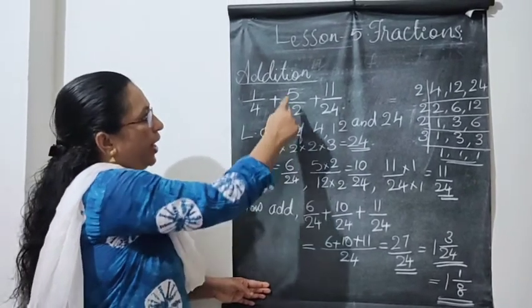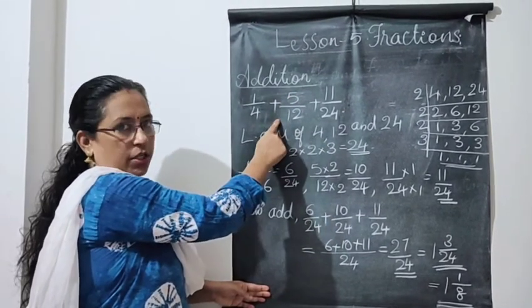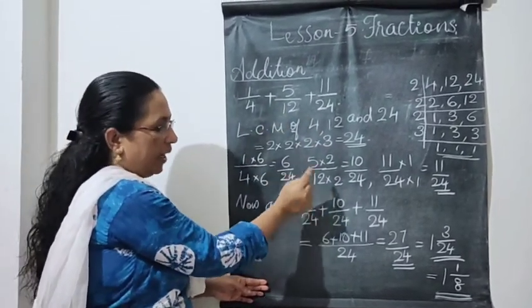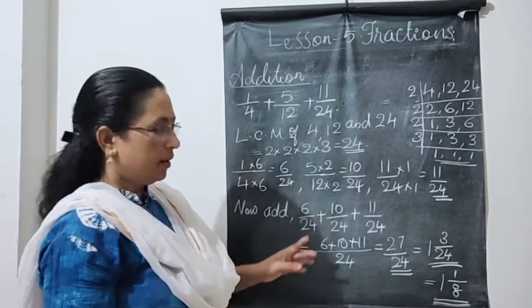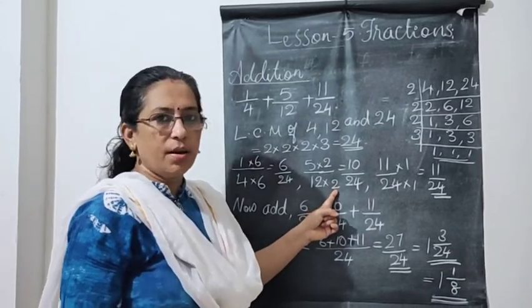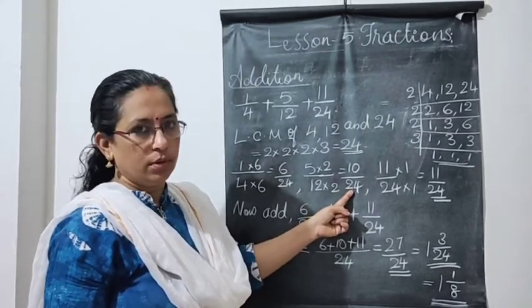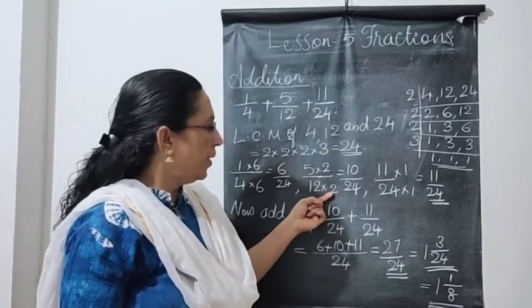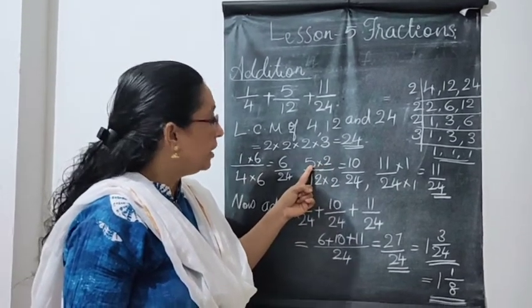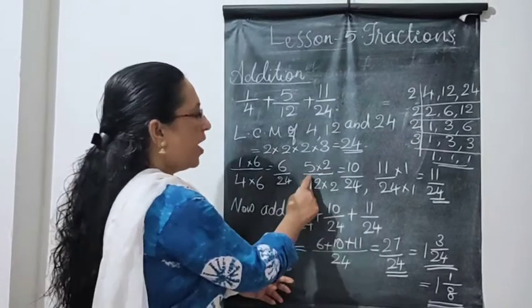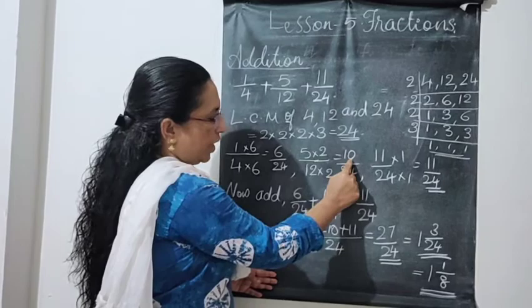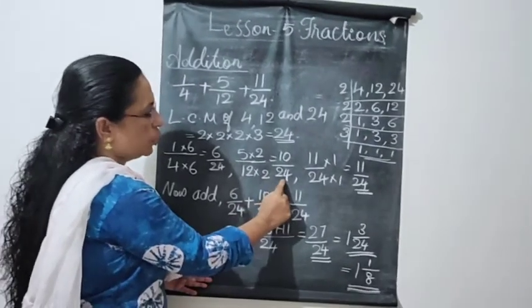The same way for the next fraction. Carry down the next fraction, that is 5 by 12. Again check the denominator. 12 multiply which number is equal to 24? So 12 multiply 2. The same number we have to multiply with the numerator. That means 5 multiply 2. 5 multiply 2 is equal to 10. 12 multiply 2 is equal to 24.